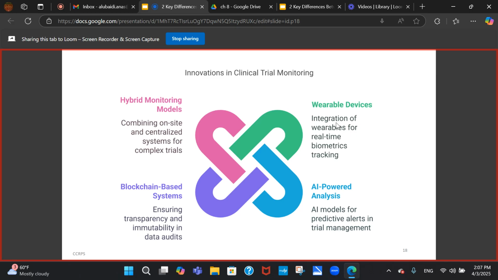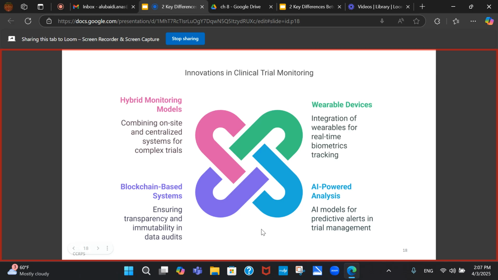AI, artificial intelligence powered analysis, AI models for predictive alerts in trial management, and blockchain-based systems, which are audit trails for data, ensuring transparency and immutability in data audits.